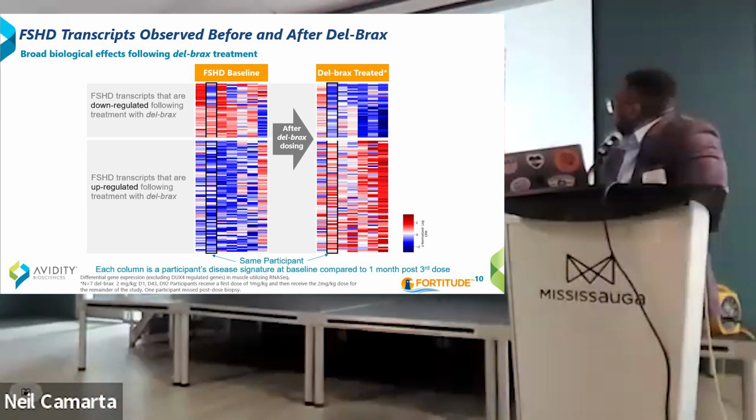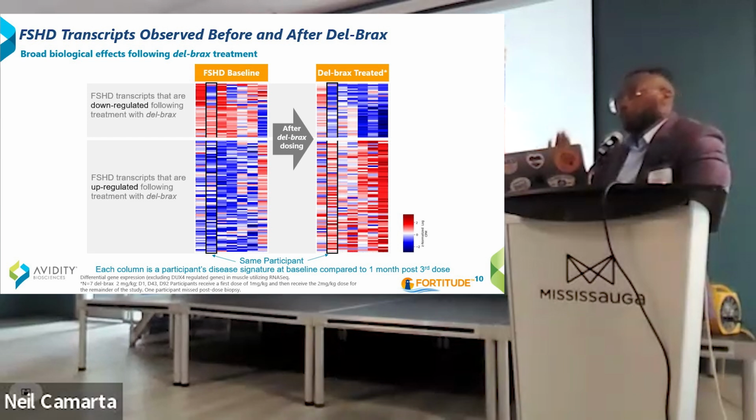If you look at the panel below, these are genes that are supposed to be red, but because of FSHD, they are now blue. And yet again, we are seeing the heterogeneity of the disease. But then what happens is once you give these patients the drug, and these are patients that received active drug, there is a switch.